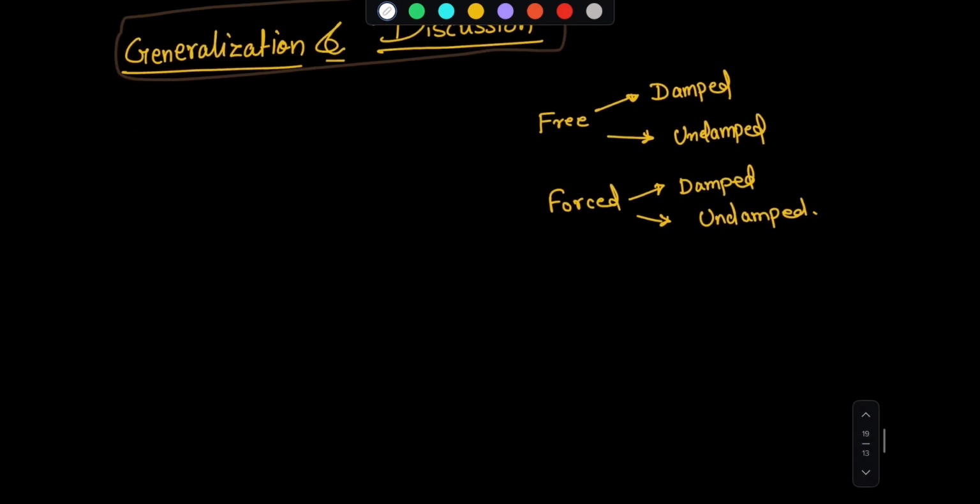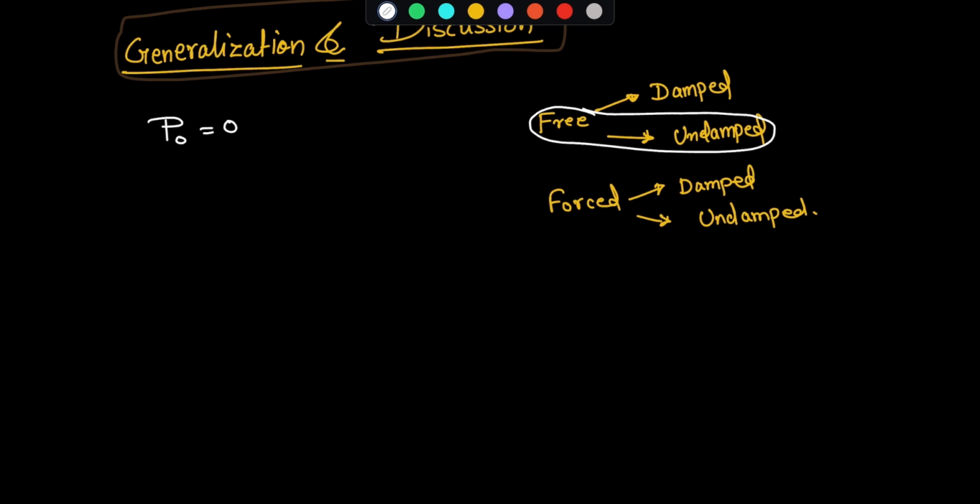Let's start by finding the equation for free undamped response. If we have a free response, that means our forcing term will be equal to 0. And if we have an undamped system, our damping ratio will be equal to 0. Also, we won't have a damped natural frequency, we would have natural frequency omega n.